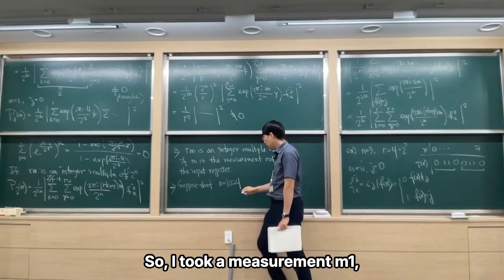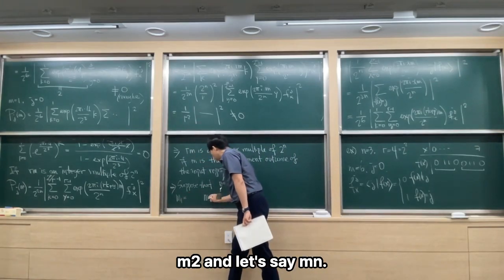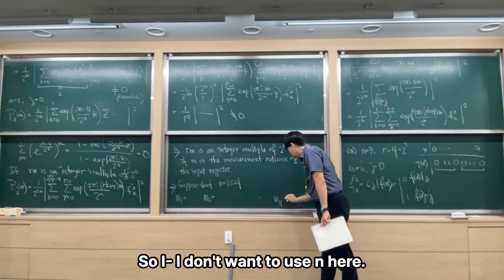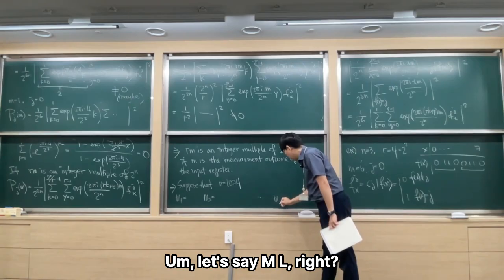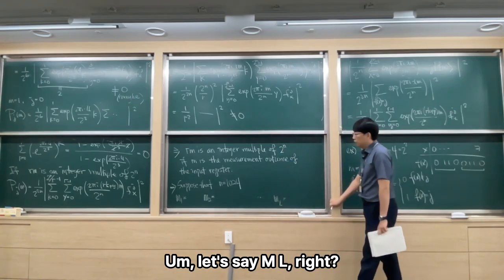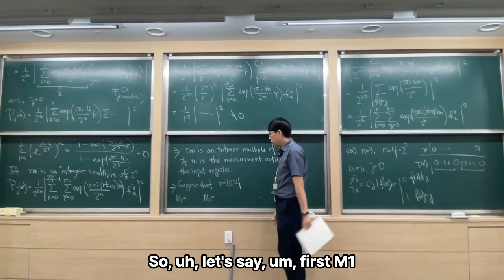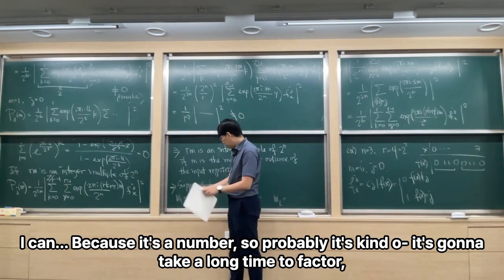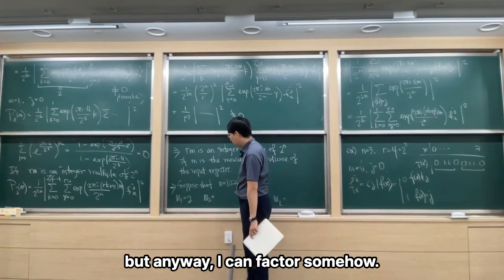So I took a measurements, m1, m2, and let's say ml. So I don't want to use n here. Let's say first m1, I can factor it out. It's a number, so it's probably going to take a long time to factor, but anyway, I can factor somehow.